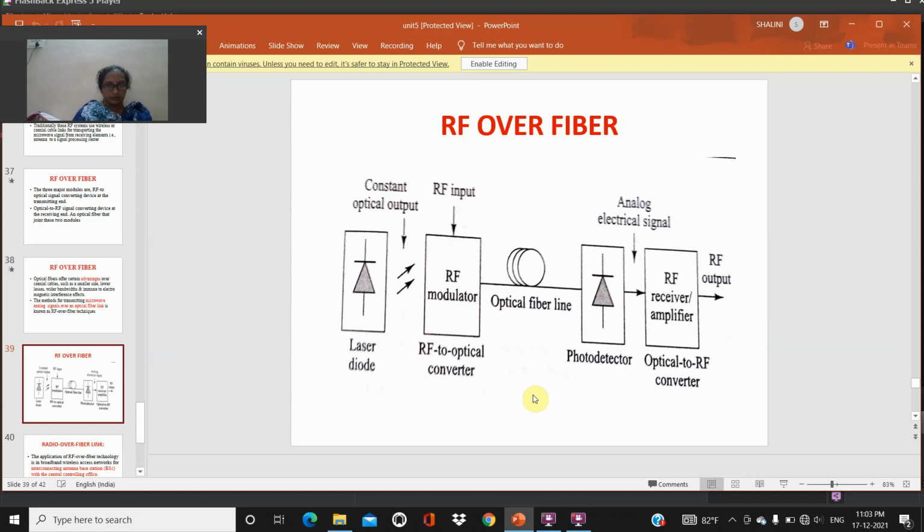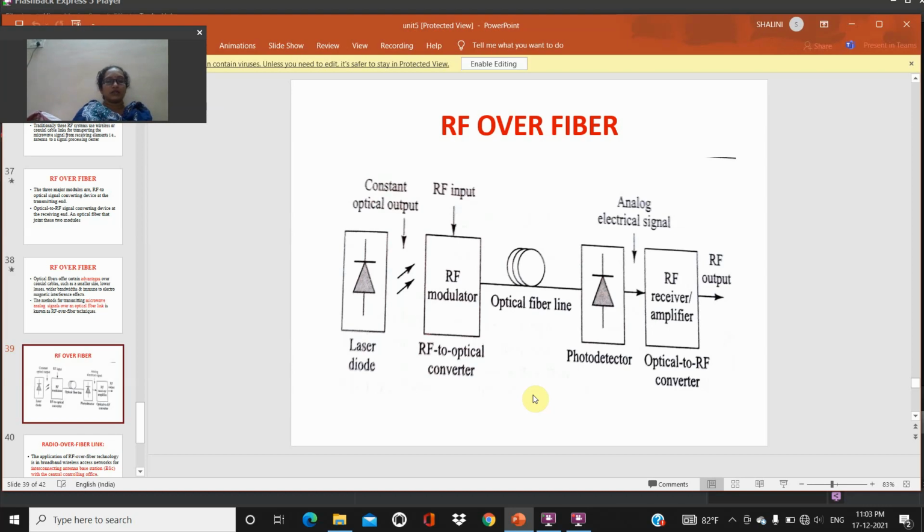Through the optical fiber line, the signal is detected in the photo detector, and the electrical signals are sent to the RF receiver amplifier where the optical to radio frequency converter is present, and that is given as the RF output.